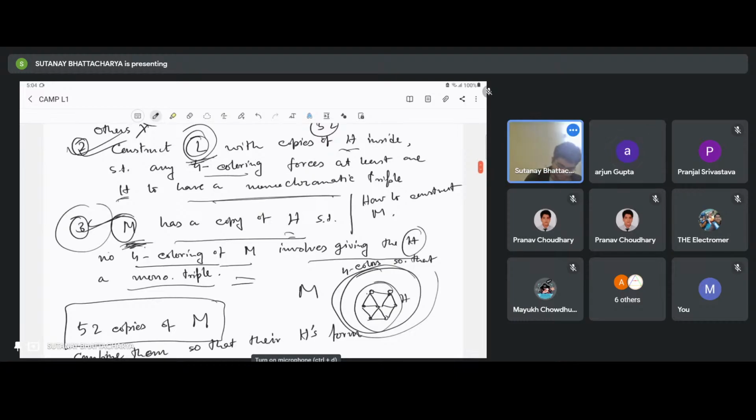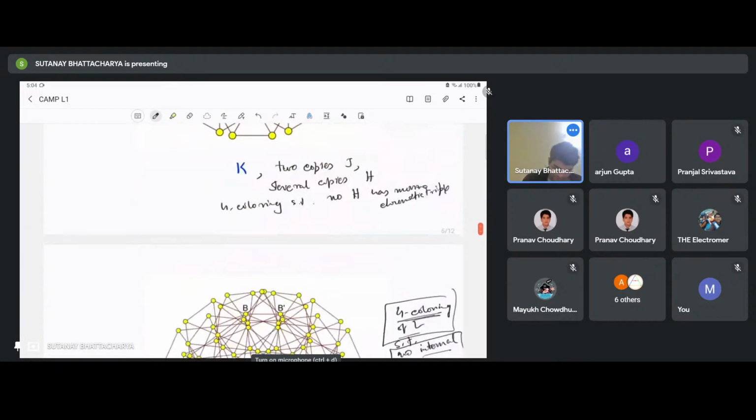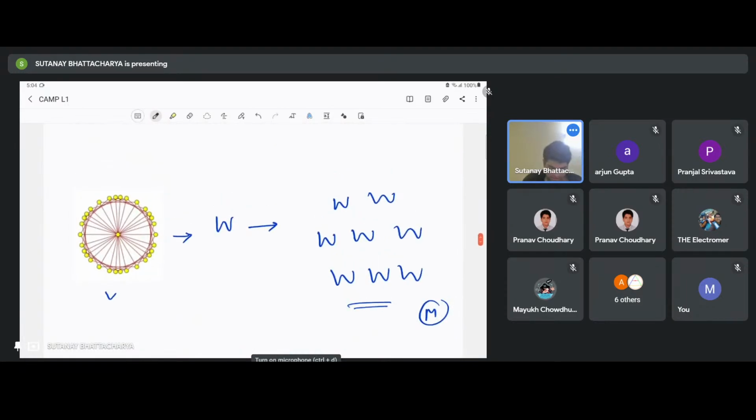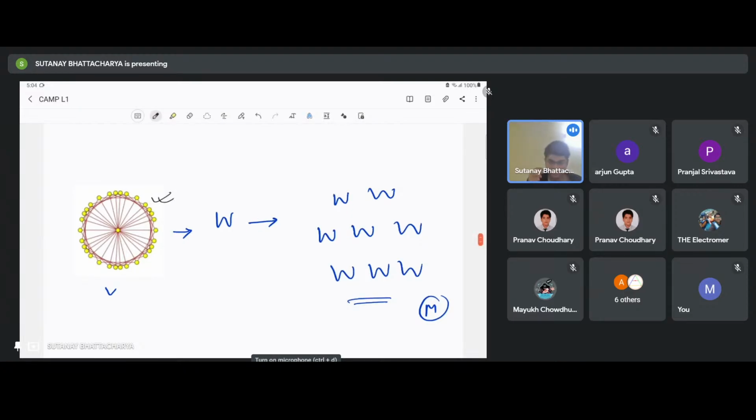I'll briefly sketch how you go about constructing that with this very illuminating diagram. Can you guess what this diagram on the left is made out of? It's made out of something very familiar. It's actually made out of copies of these diamonds.